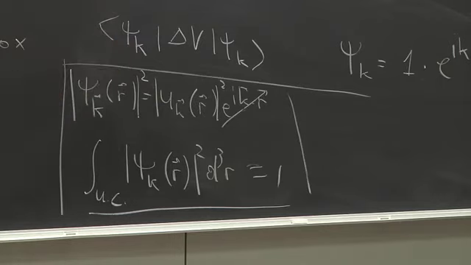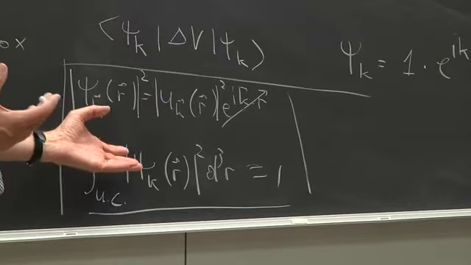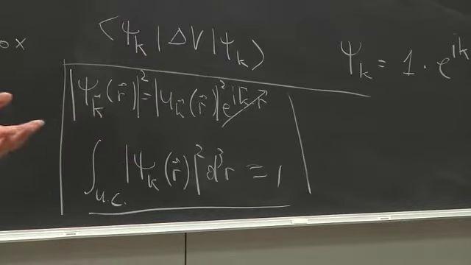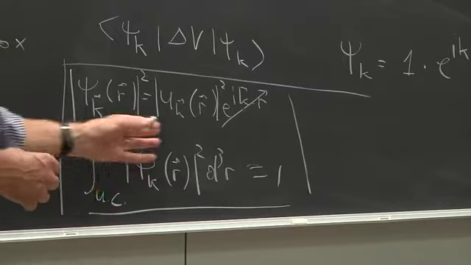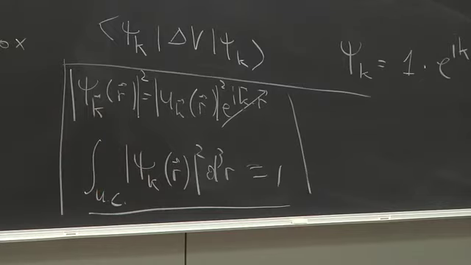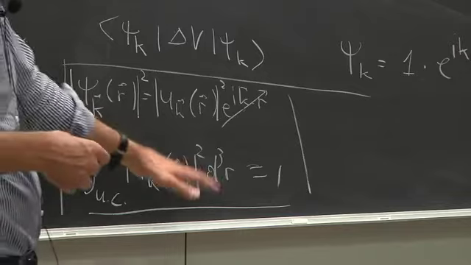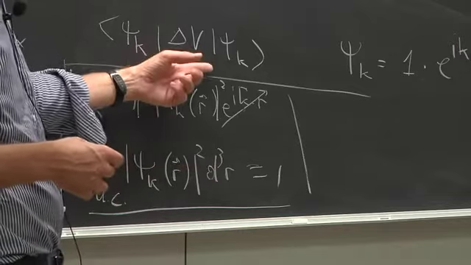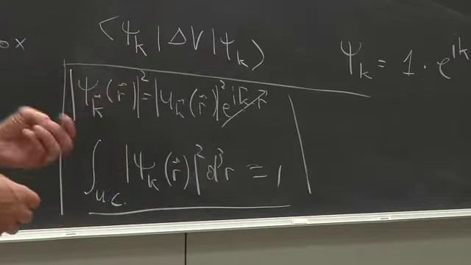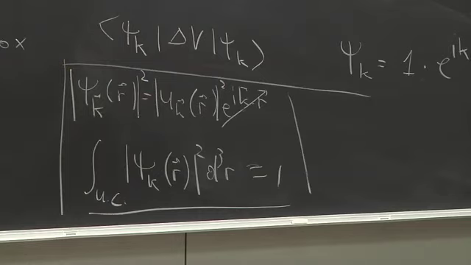The only thing you want to make sure of is that these integrals can be carried out, that they are properly normalized, not divergent integrals. As soon as you manage to make them non-divergent, then any choice is fine, because you're always dividing by psi k when you calculate an expectation value.